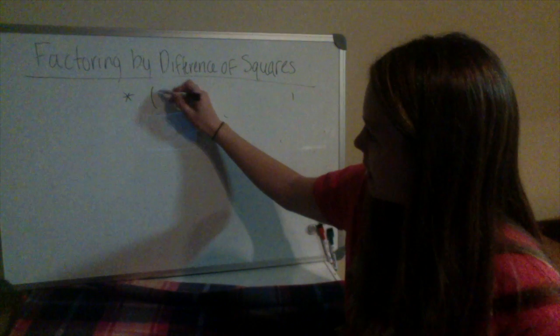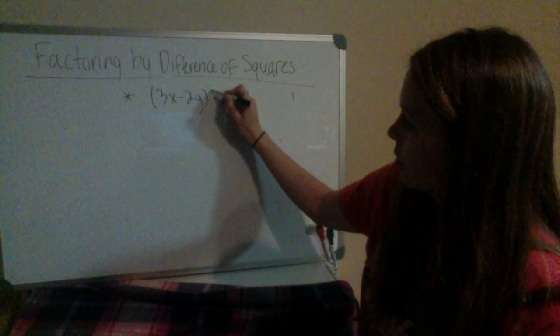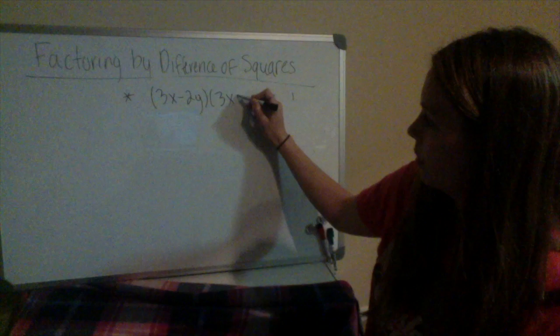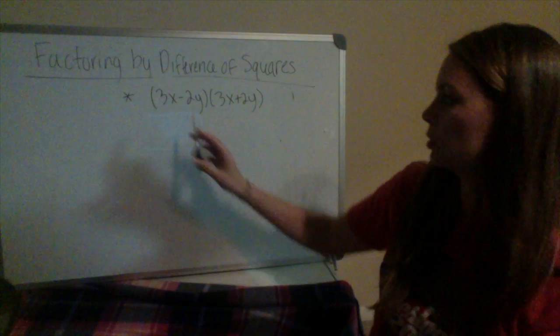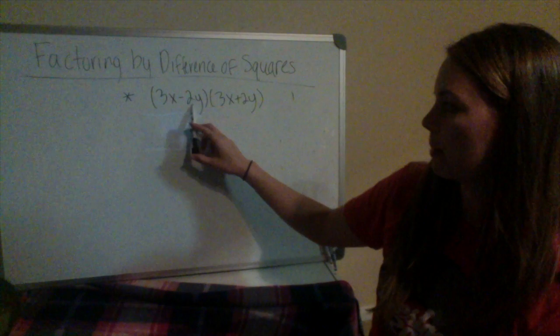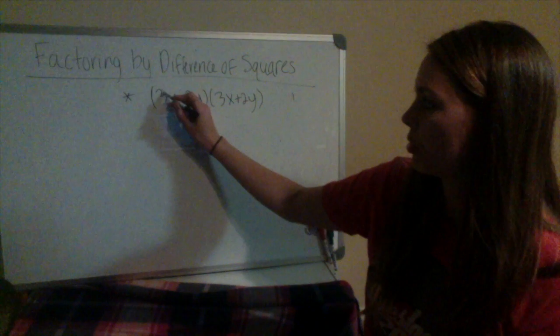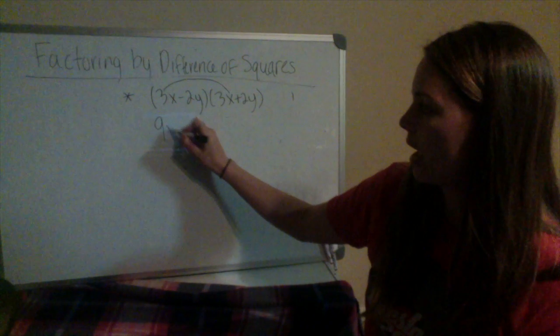If I have an example of what I'm about to get into, here's the example, and I'm going to distribute that out. When I say distribute, I multiply everything by the 3x on the other side and everything by the negative 2y. So 3x times 3x is 9x squared.